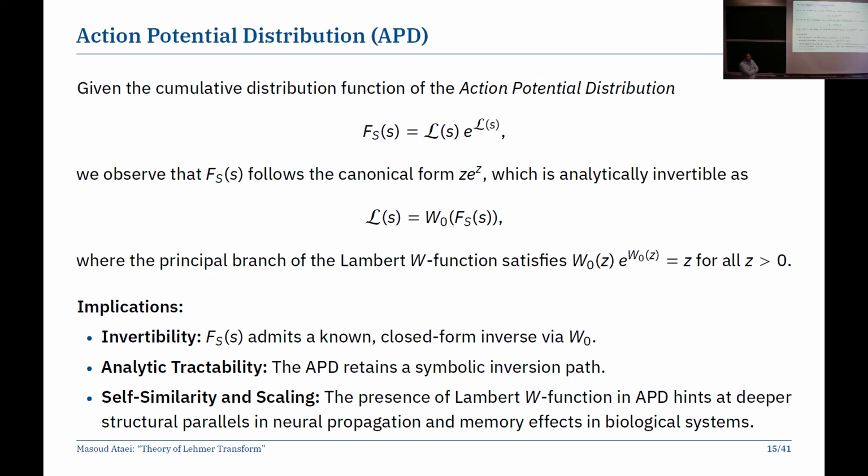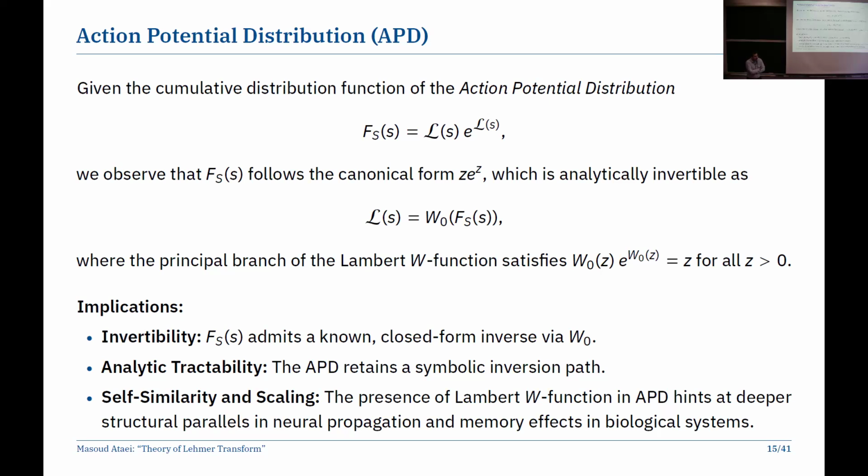If we apply the W function to both sides of the CDF, on the right-hand side, we get W of L times e to the power of L, which returns L itself, or the Lehmer transform itself. So we get a very interesting identity that Lehmer transform at a specific solvency moment equals the principal branch of the Lambert W function evaluated at the CDF of that particular solvency moment.